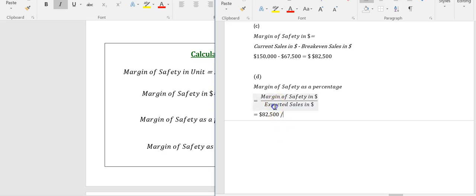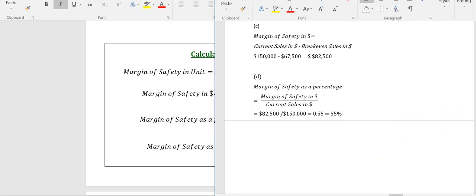It's not expected sales, since the scenario is given, but current sales. So now our sales is 150,000. If I divide 82,500 by 150,000, we express the margin of safety as a percentage of sales, and I found it's 0.55, or you can call it 55%.